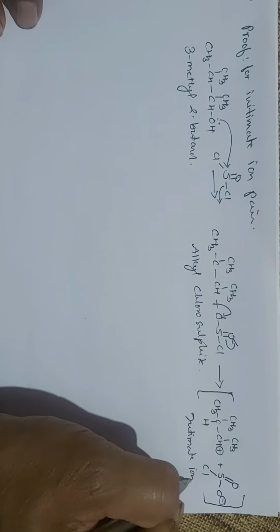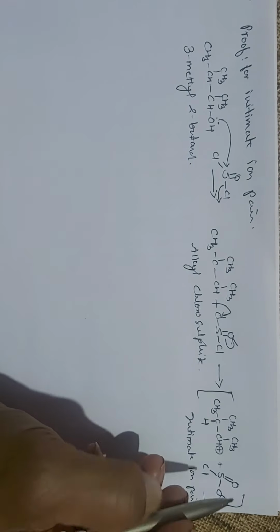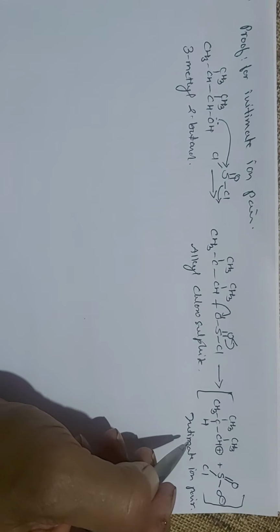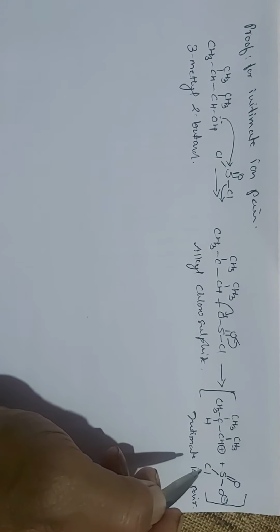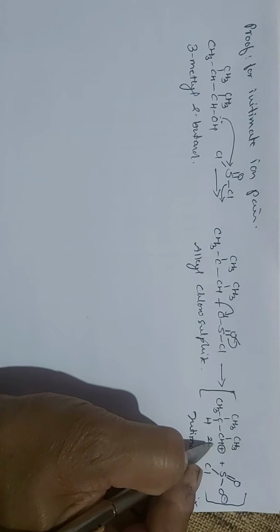Now this intimate ion pair is obtained as a product, and so the chlorine which is getting attached to the carbocation must attach to this carbocation, which is secondary in nature.